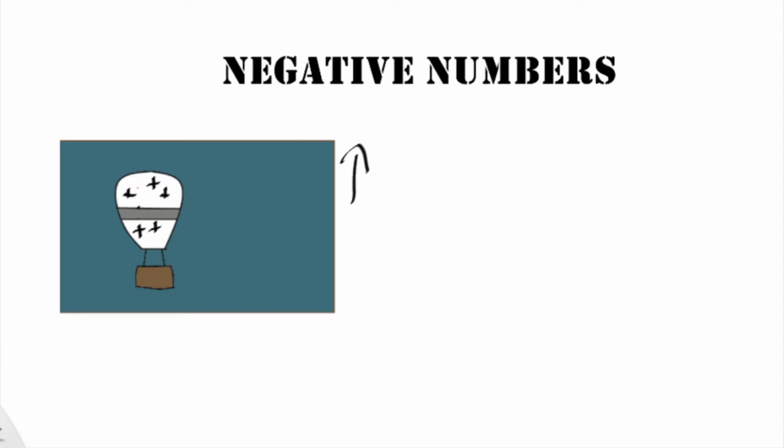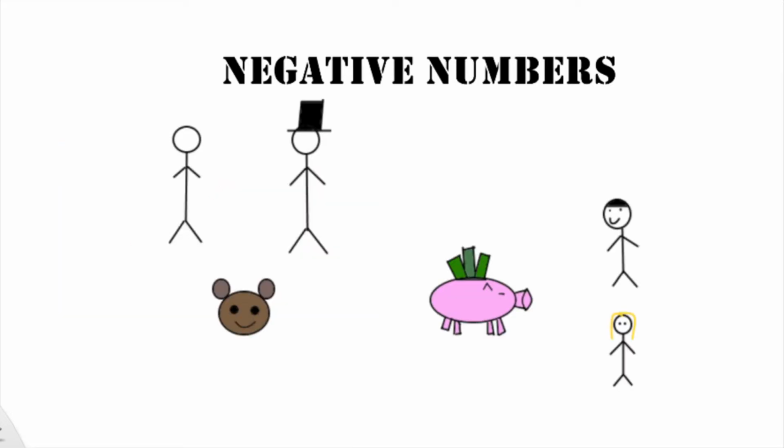And every single time we put cold air, which is negative, into our balloon, it will go down. Now, if the previous two examples didn't make that much sense, let's have a look at this third example.